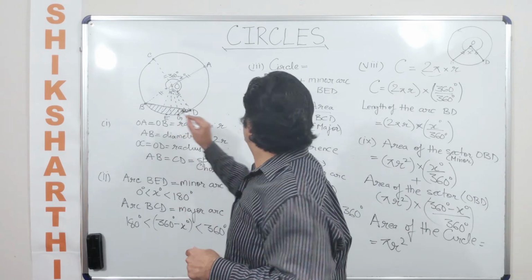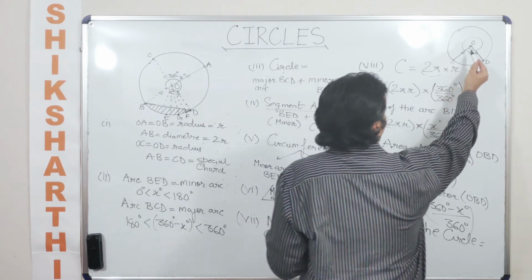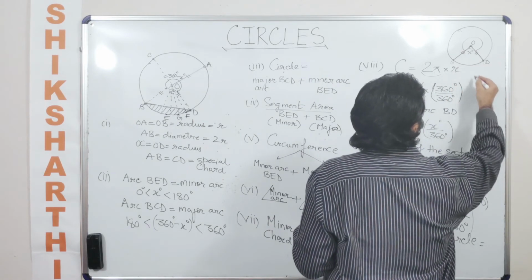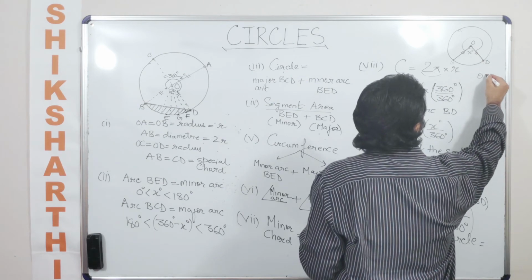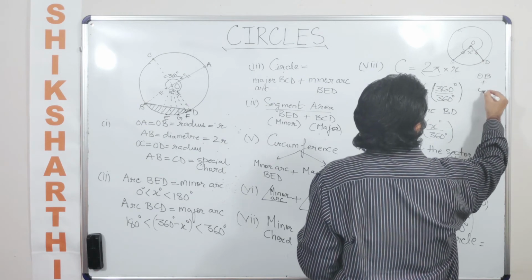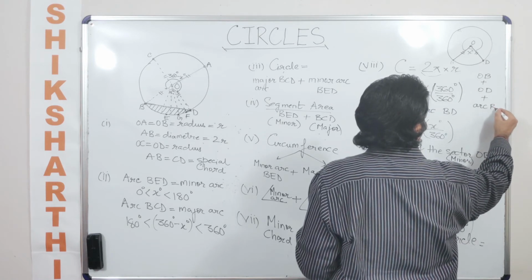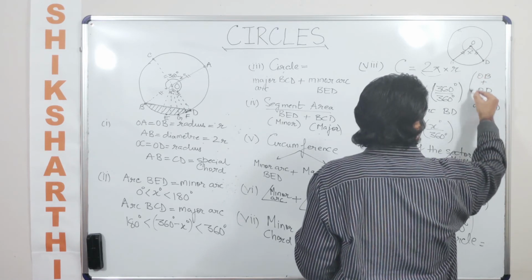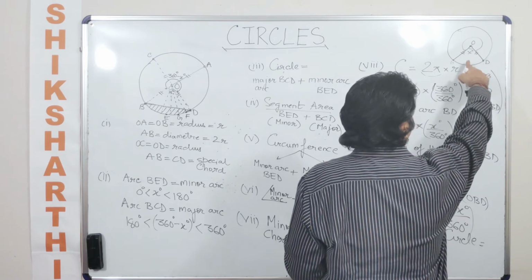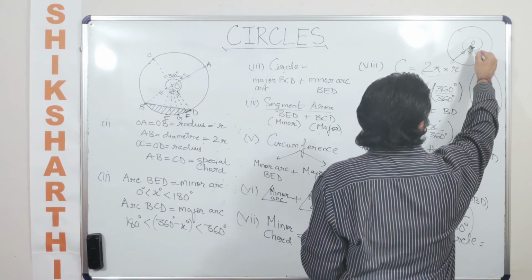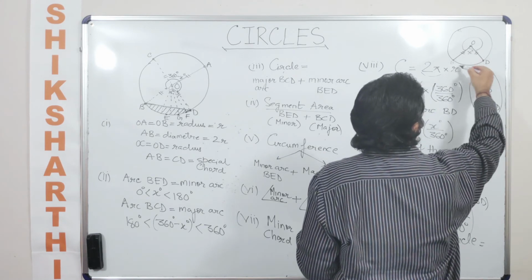For example, if I have to find the circumference of the figure OBD, I'll say the circumference will be OB plus OD plus the arc BD. This will give me the net circumference of this part. Which part? I'm talking about the sector OBD.